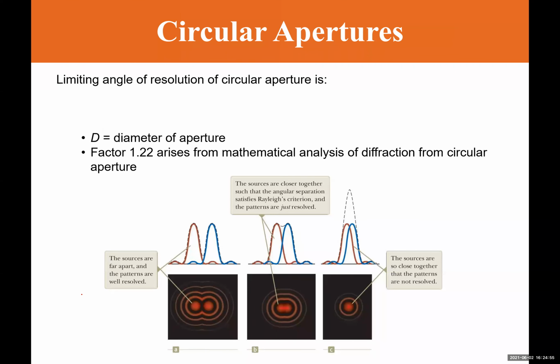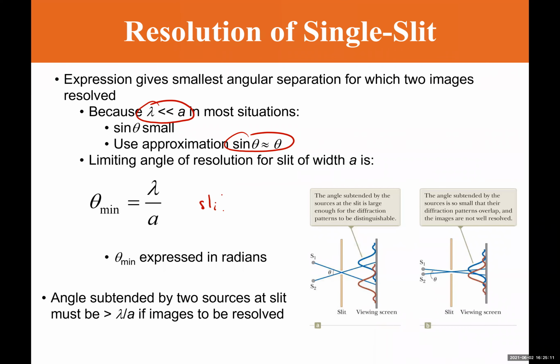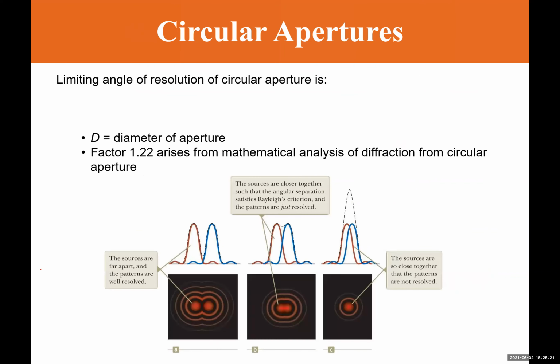All right. So in a way, we can have two different openings. We can have a slit, or we can have a circular opening. The equation that I showed you was for the slit. Okay. So for the slit, we can use this equation to calculate the minimum angle, or the limiting angle. Whenever we have a circular aperture, that means our opening is circular rather than just a slit.